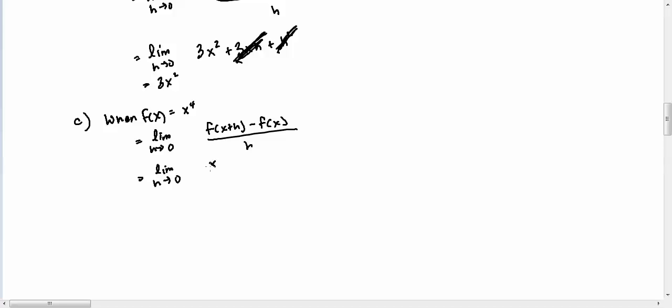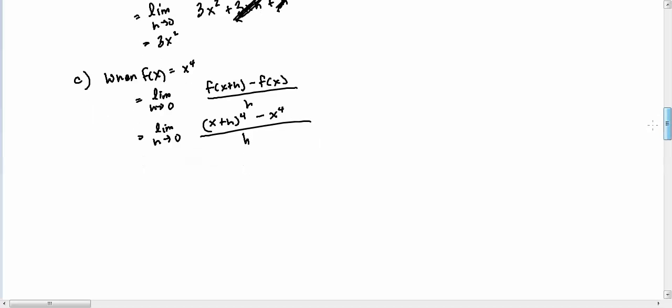It's x plus h parentheses 4, right? Okay, to the 4th power, good. And then minus x to the 4th power. Good. All divided by h. Perfect. And I'll tell you what f of x plus h to the 4th power is.